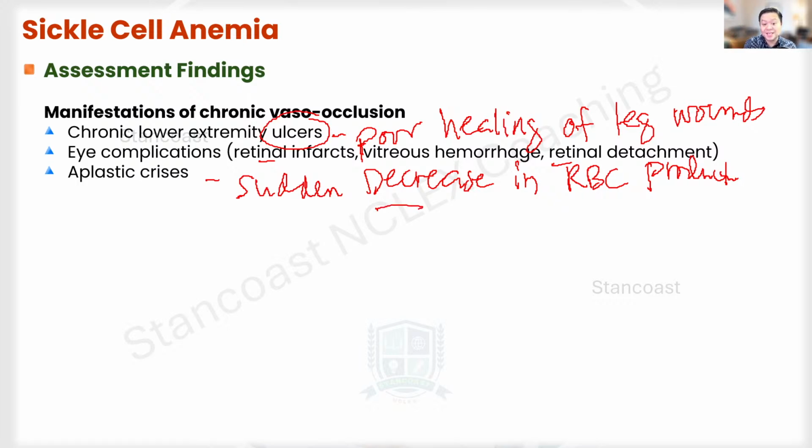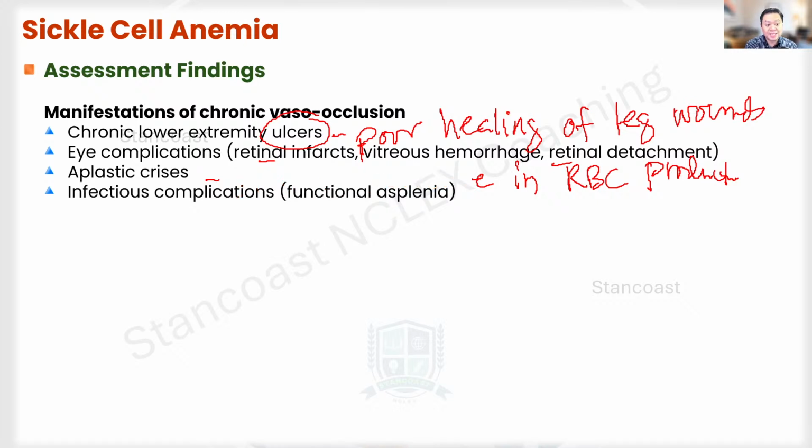red blood cells. Now, in some cases, there's also going to be infectious complications because of the problem with the spleen, as I have said earlier. This is what we refer to as the functional asplenia.